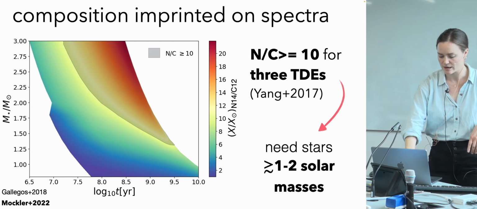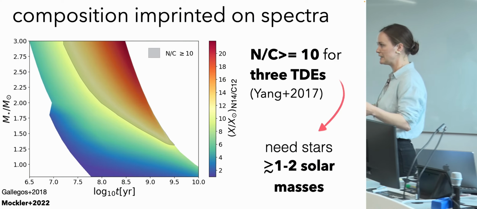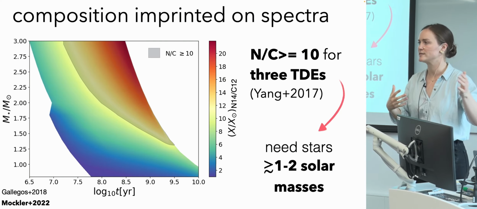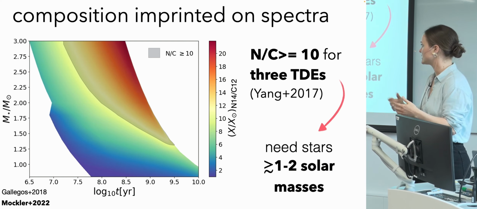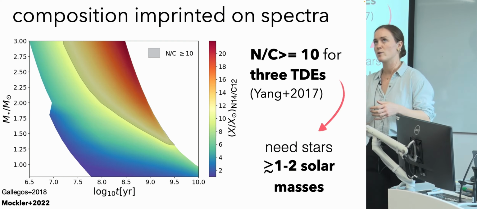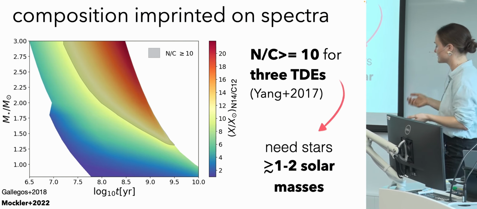And it turns out that, this might not seem very large if you're used to thinking about supernovae, but for TDEs, if we think back to the rates, if you're assuming that stars are getting put on disrupting orbits through two-body relaxation, then really the population of disrupted stars should trace the mass function of the nucleus of the galaxy.